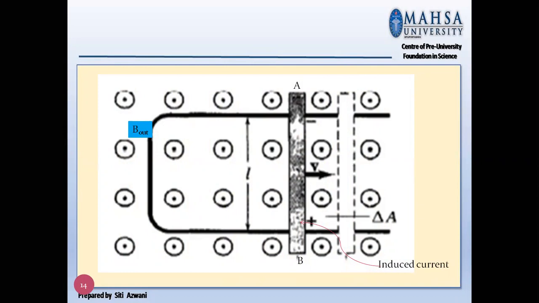The first finger is the magnetic field B direction, which is out of the page. The second finger is the direction of the induced current inside your conductor. I already labeled the conductor ends A and B. Applying Fleming's right hand rule, the direction of your induced current is from B to A, going up.